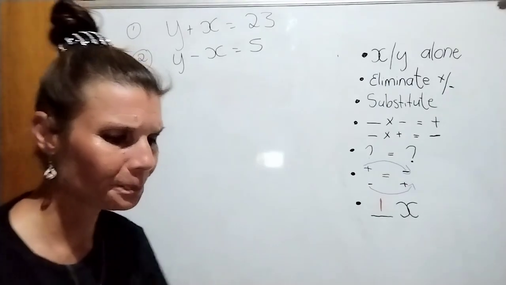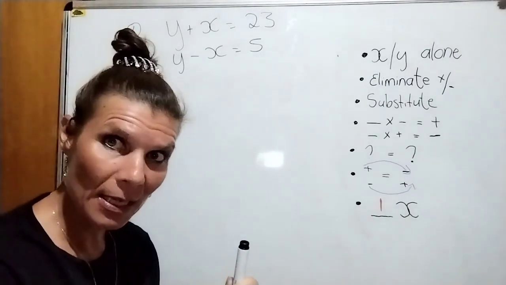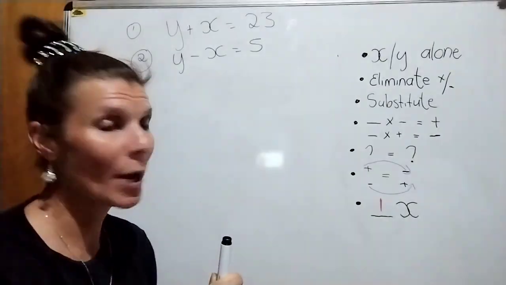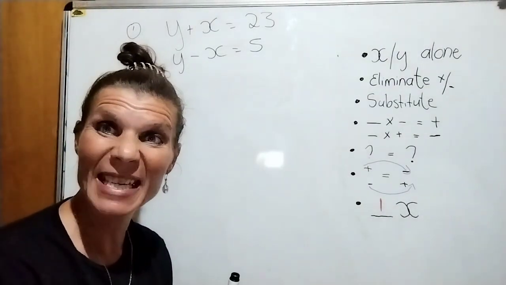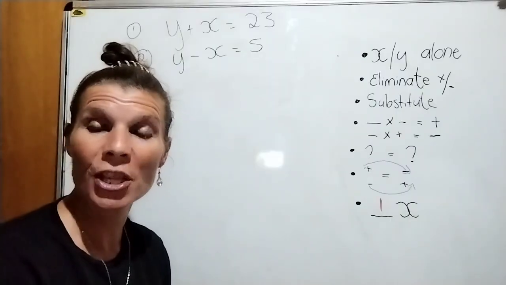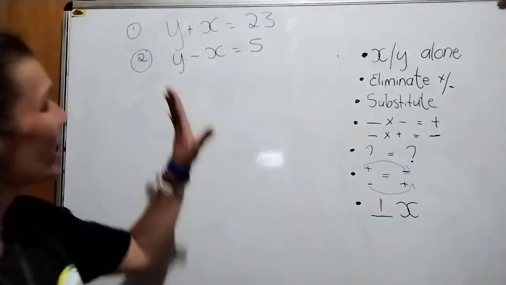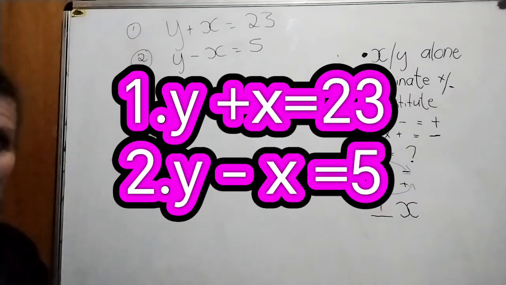Yes? Okay. Now, we're going to take a look at one example where we use the process of elimination, and one example where we use the method of substitution. Now, let's take a look at my super duper easy one.